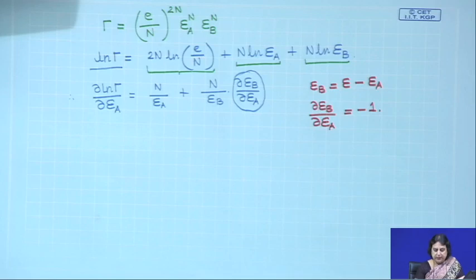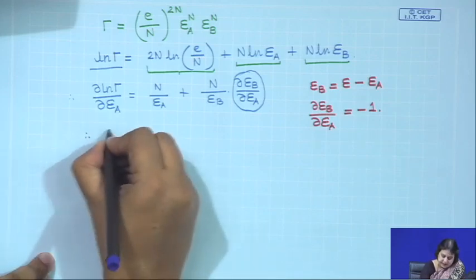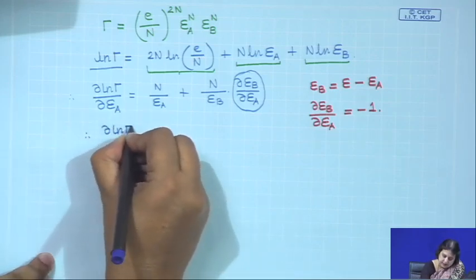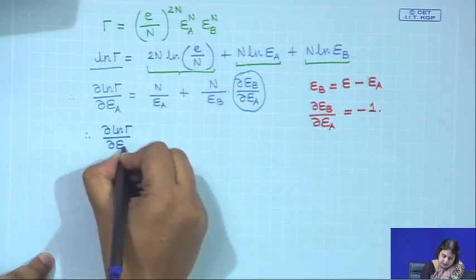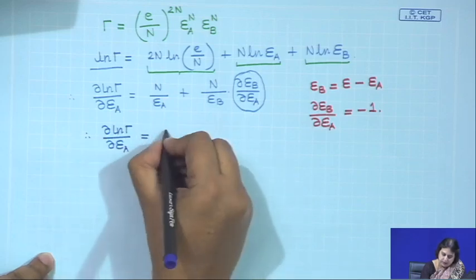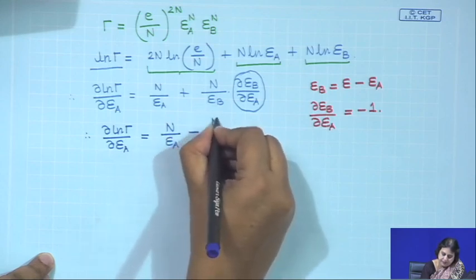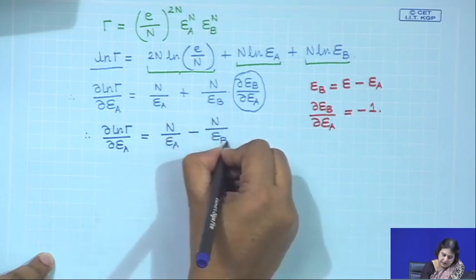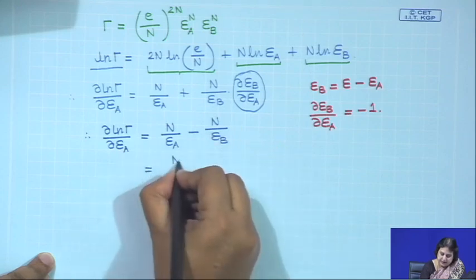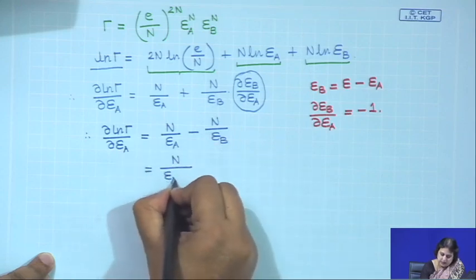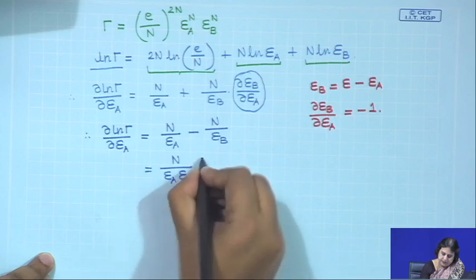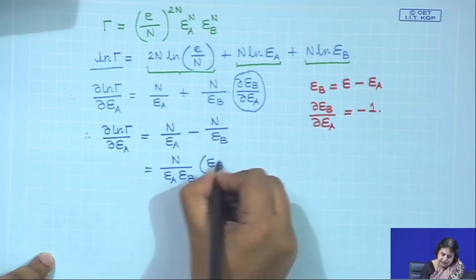If that is so, then I can very easily write that del ln gamma del epsilon A is equal to this simple expression, which I can further modify and say that this is equal to another simple algebraic expression.